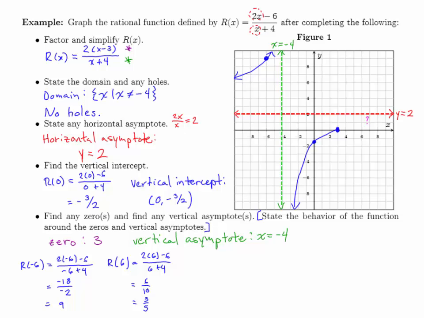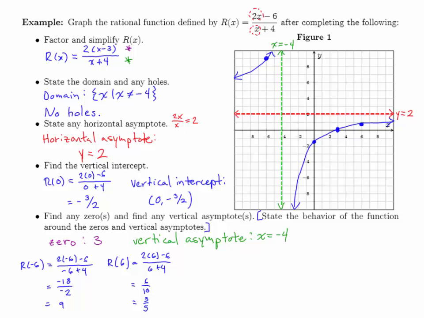So not quite to 1, and I'll plot that point then. That'll be 6, 3/5. I no longer need that question mark. And so we'll go right in there with that point, and then our graph will just continue along.